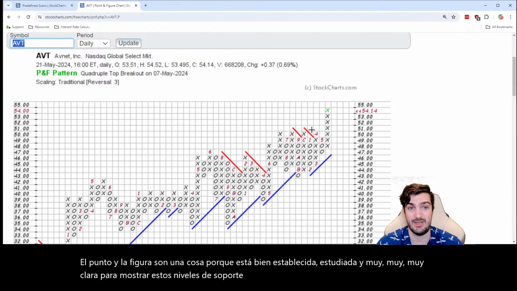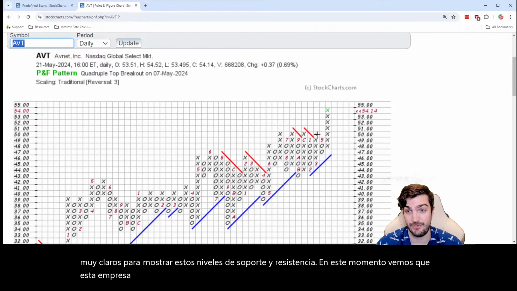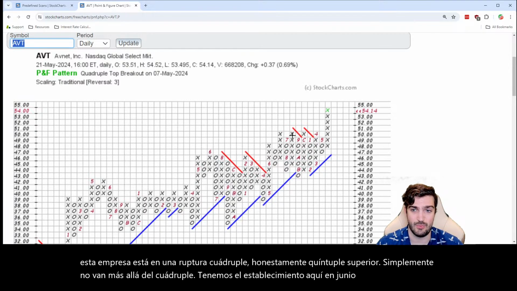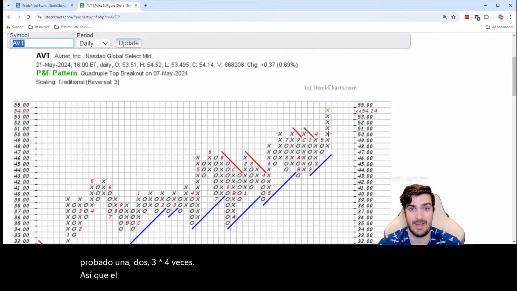Right now, we see that this company is on a quadruple, or honestly, quintuple top breakout. They just don't actually go beyond quadruple. We have the establishment here in June of last year, tested once, twice, 3 times, 4 times. So on the 4th time, it finally broke out above.